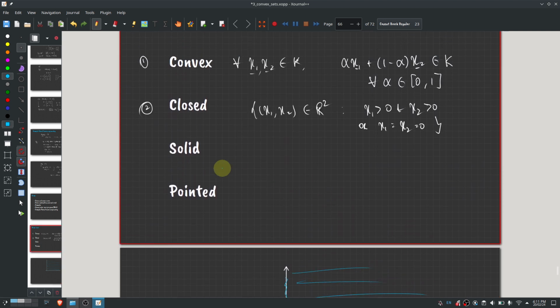The third property that we'll require is that the cone be solid, or in other words, the cone K has a non-empty interior.